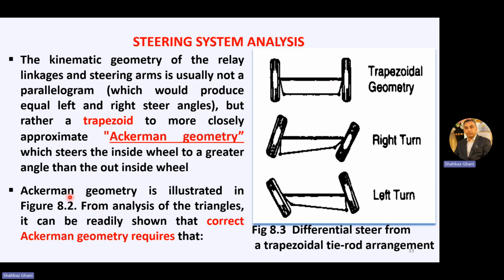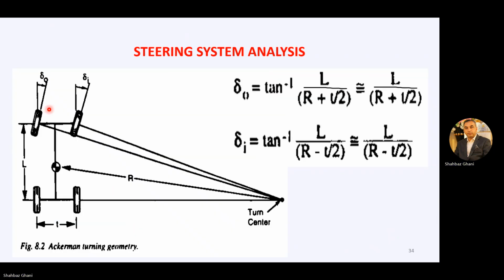Now, talking about this Ackermann geometry with respect to the angles and triangles, let's see the equations. Now, this is the front of the vehicle. You are moving: right wheel, left wheel, or outer wheel and inner wheel, front wheels and rear wheels. The distance from the front center of the wheel to the rear center of the wheel is called wheelbase, and the distance from the left wheel to the right wheel is known as track, wheel track or track width.